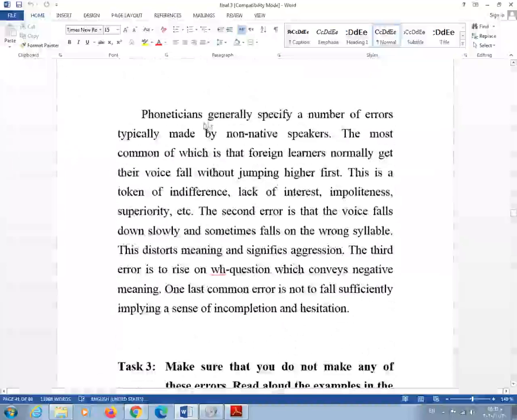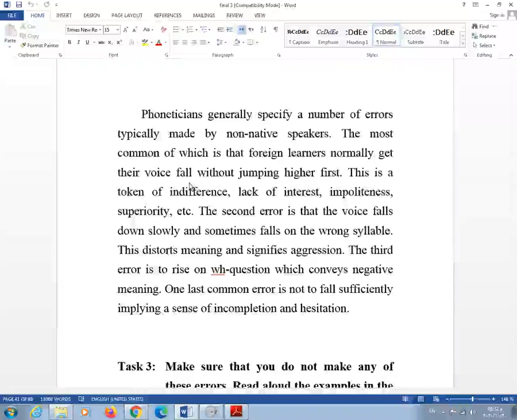Here we have phoneticians generally specifying a number of errors typically made by non-native speakers. The most common of which is that foreign learners normally keep the voice flat without jumping. The problem is that you say all the words with the same pitch and you do not make a prominent word. You do not make a pitch change to let me, as a listener, identify the prominent or the most important word.